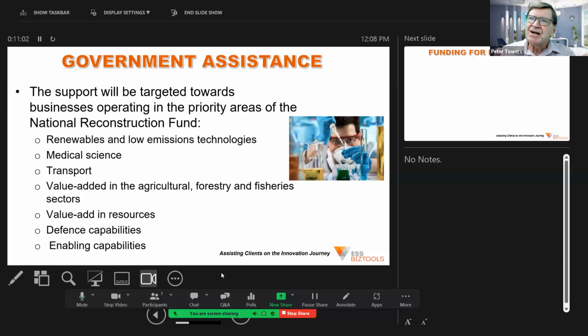That list is a little bit narrower than what applied to Accelerating Commercialisation, but there's still thousands of potential businesses in that catchment area. How many clients do you have that are involved in those areas? And are they developing a prototype? Do they want to be on the innovation journey? Have they started to do research and development? And do you know? Have you talked to them?